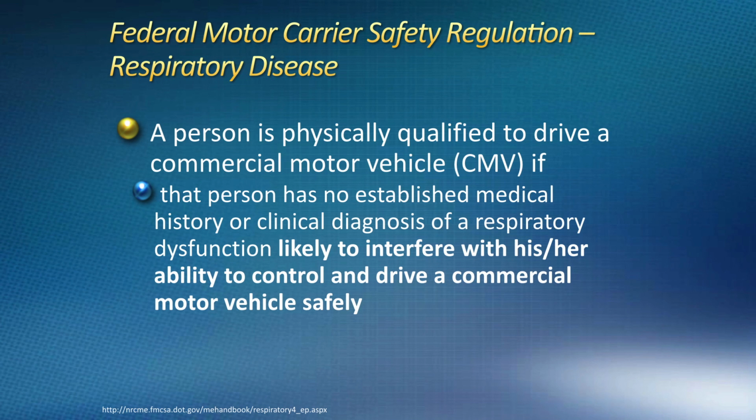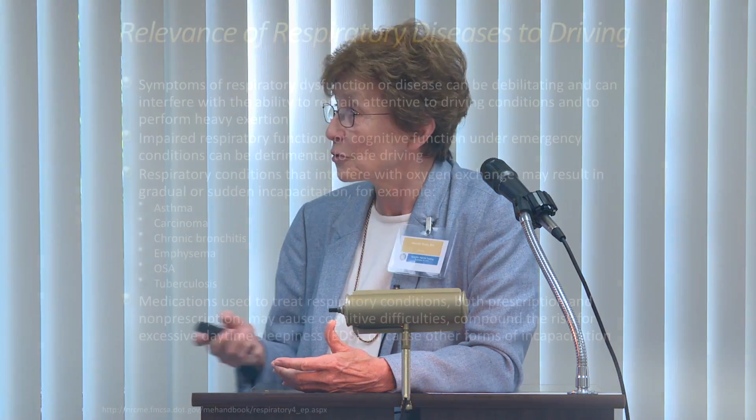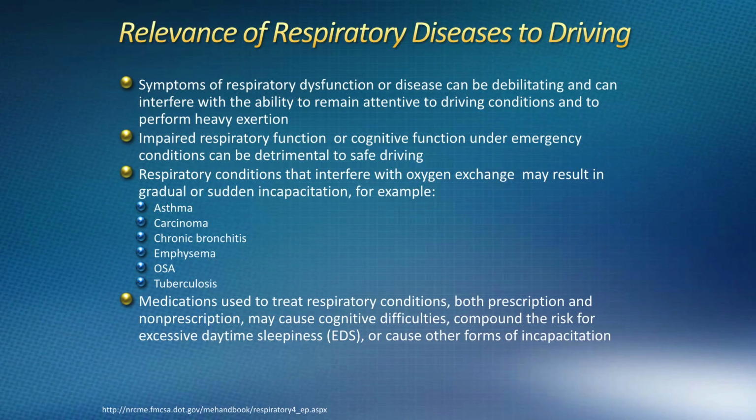This is the general statement for all the organ systems: they're qualified to drive if there's not an impairment in pulmonary or alertness while they're driving. That's pretty much the same standard for all the systems. Federal Motor Carrier lists a variety of pulmonary conditions that may impair the driver's ability to safely operate a vehicle. The essence of all of this is oxygen deficits and sleepiness.